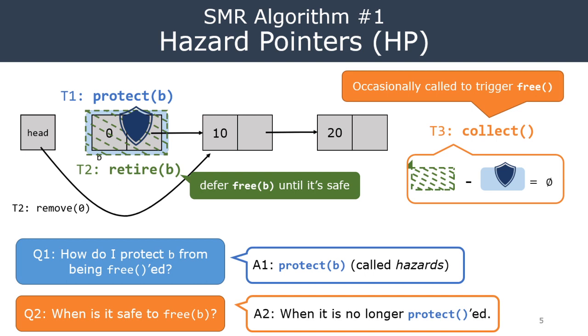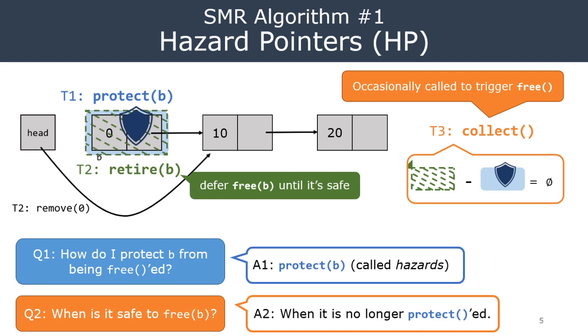So far so good. And now suppose that T1 finishes accessing the block B. For example, it already read the next pointer, and after reading the next pointer, it doesn't need to read the block B again.